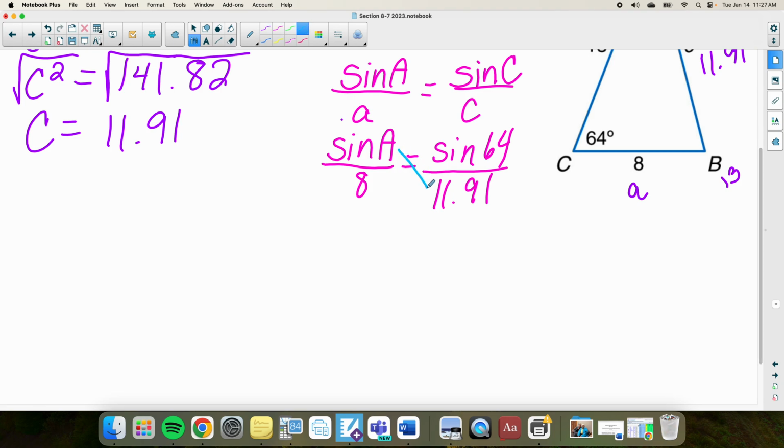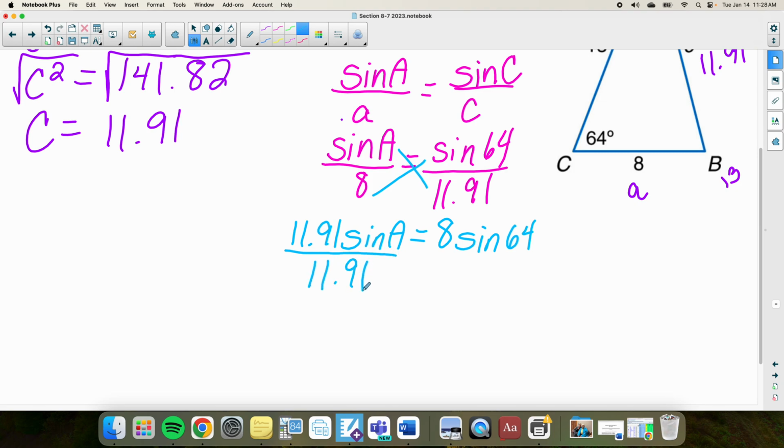And when I multiply this, I am going to put my number in front of my trig function. What I'm looking for is angle A, so I'm going to try to isolate the sine of A. How do you think you'd get rid of that 11.91? Divide. So I'm going to divide by 11.91.